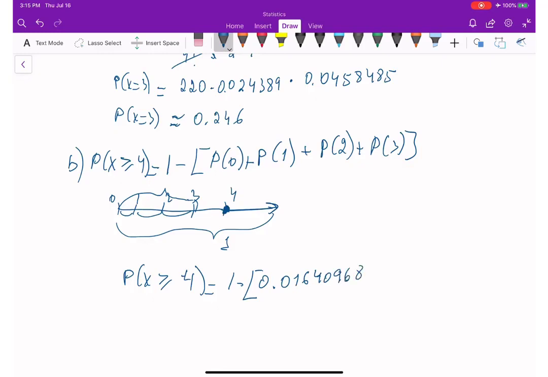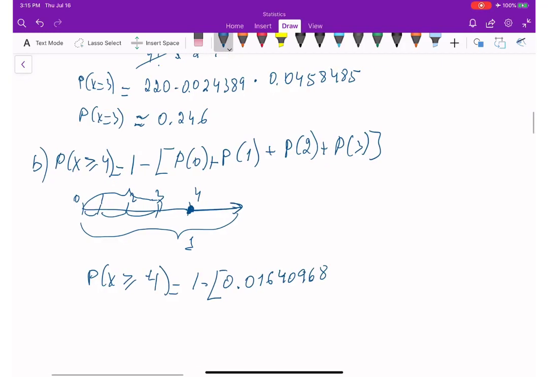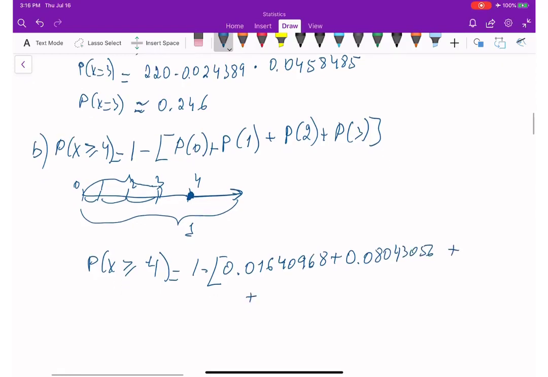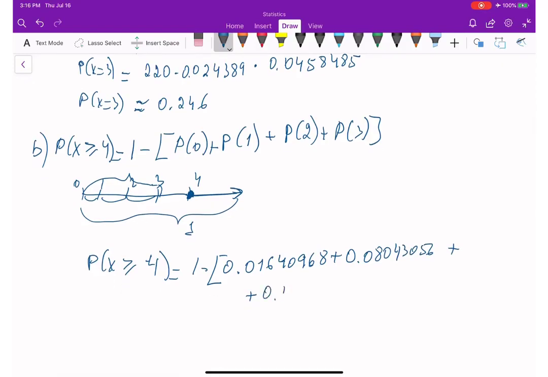I calculated everything by hand, plus 0.08043056 plus 0.18068555, and lastly plus 0.246038.